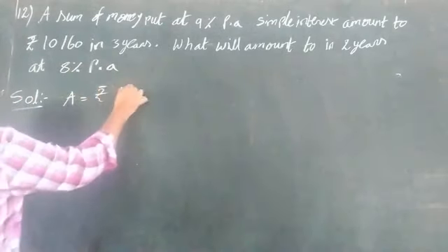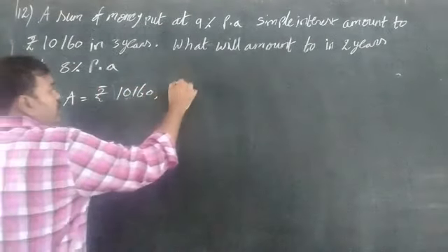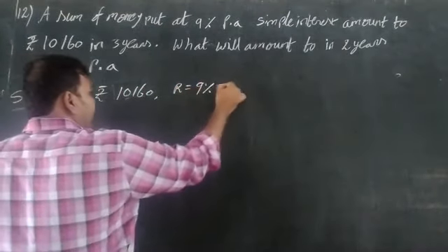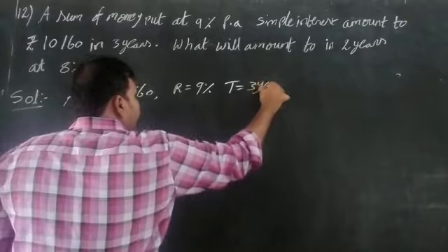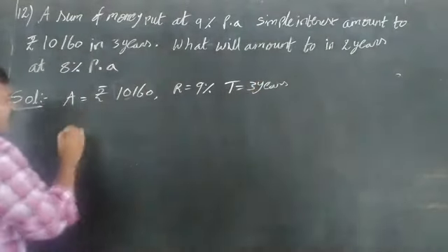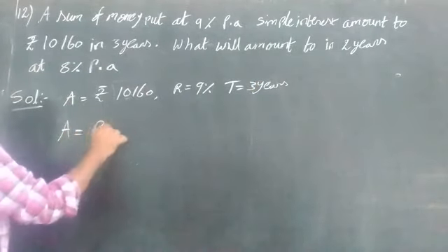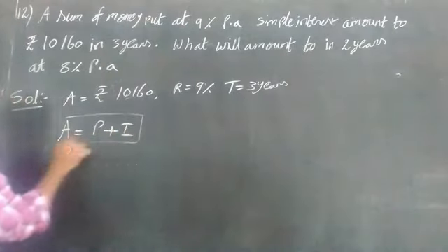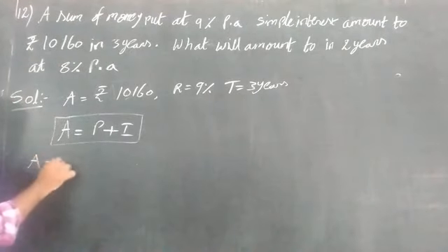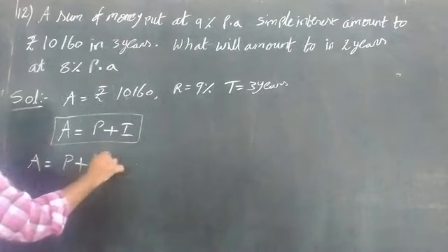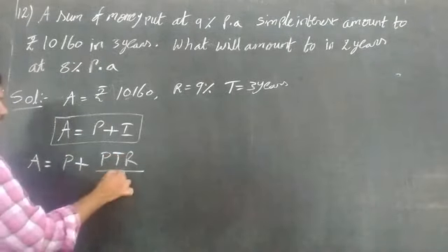Amount is equal to 10,160. Rate is equal to 9%. Time is equal to 3 years. So we write the formula A is equal to P plus I. Afterwards the expansion: A is equal to P plus PTR by 100.